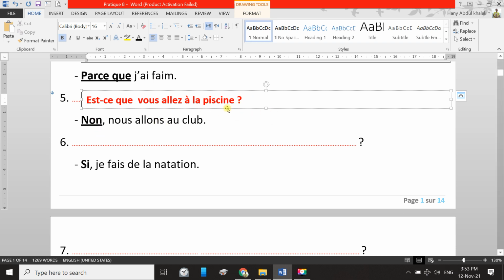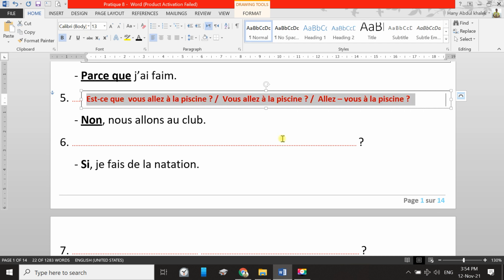Okay? So here we can say this question in another way, without est-ce que. We can say vous allez à la piscine? Here we can ask with the tone, with the voice. À la piscine. Like that. And we have another way, which is to start with the verb. Allez-vous à la piscine?